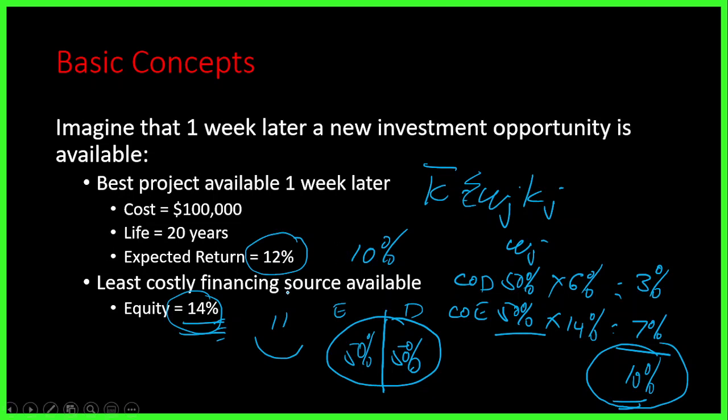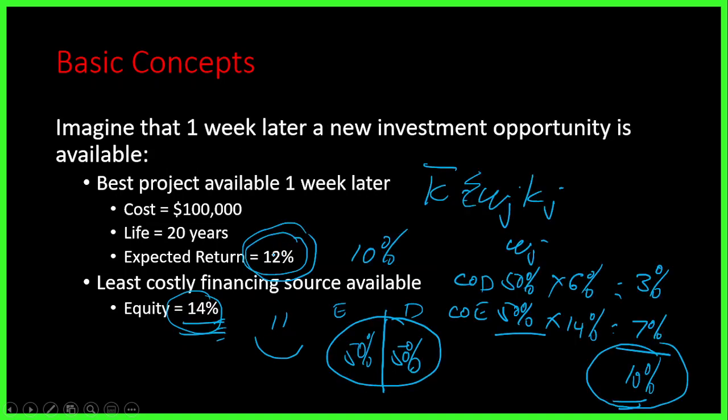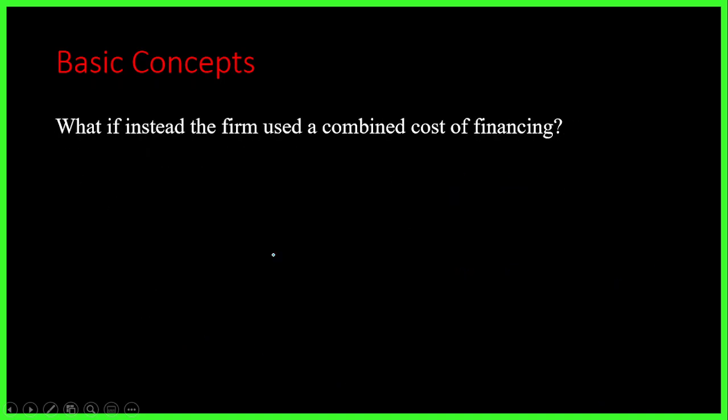Now if you try to look at your investment decisions, you ended up accepting a project with a return of 12% and rejecting the project with a return of 7%. This is the main reason why you should compute for your weighted average cost of capital and use that in decision making.